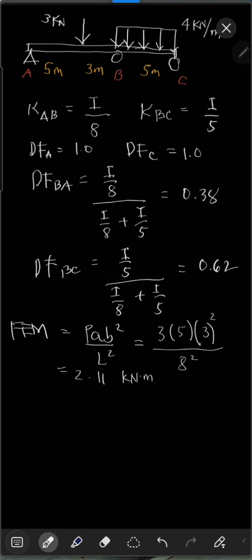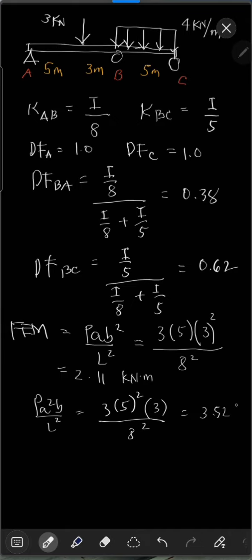And for the other fixed end moment, it is P A squared B per L squared. So 3 times 5 squared times 3, pilay value, 3.52 kilonewton meter.